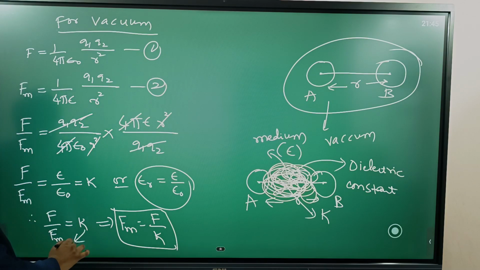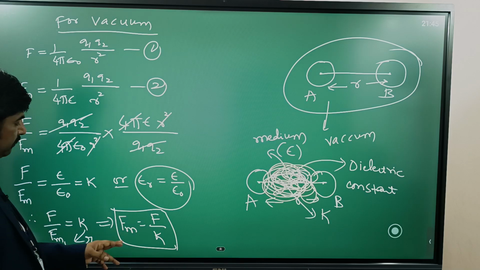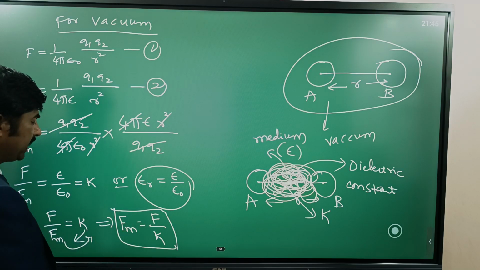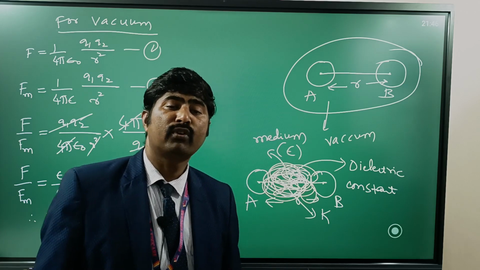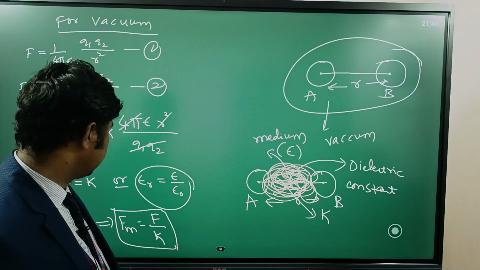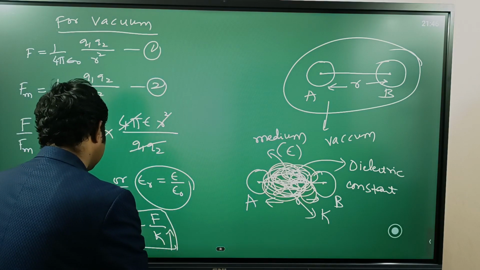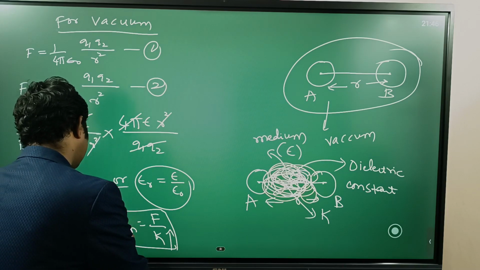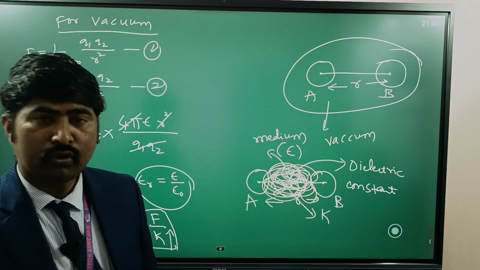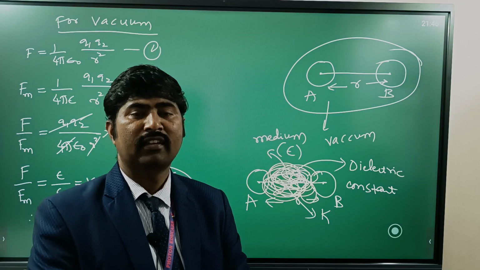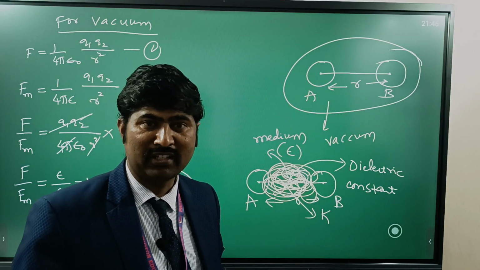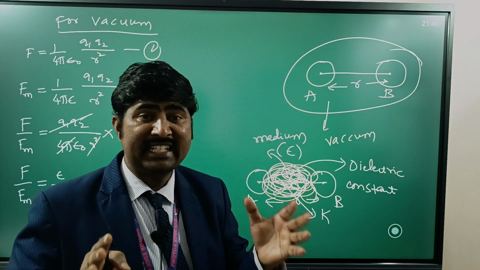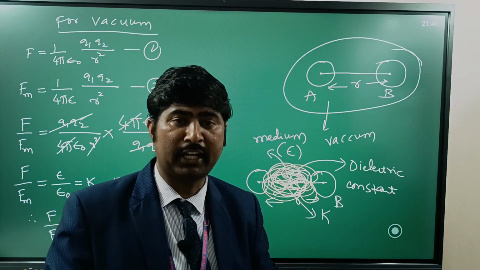You can transfer k to the RHS. So Fm is equal to F divided by K. The meaning is, as the dielectric constant is introduced into the medium, the force is going to decrease. If the K value is increased, then what will happen? Yes, the force between the two charges will decrease. That means the same two charges, one coulomb charge, when placed in vacuum, experience maximum electric force.